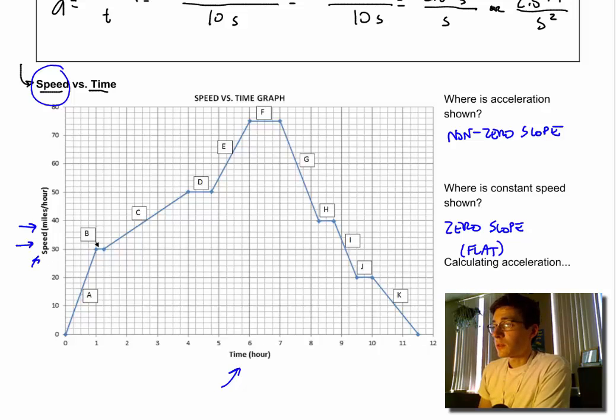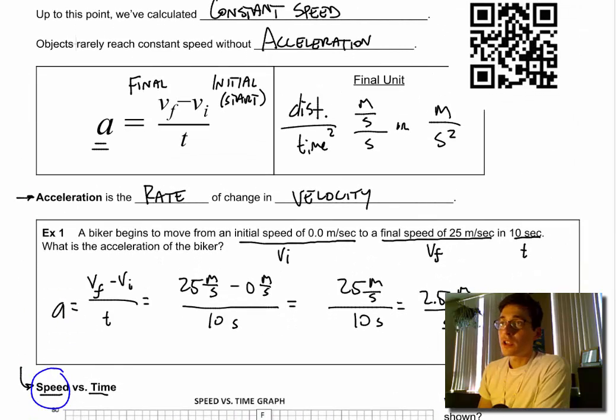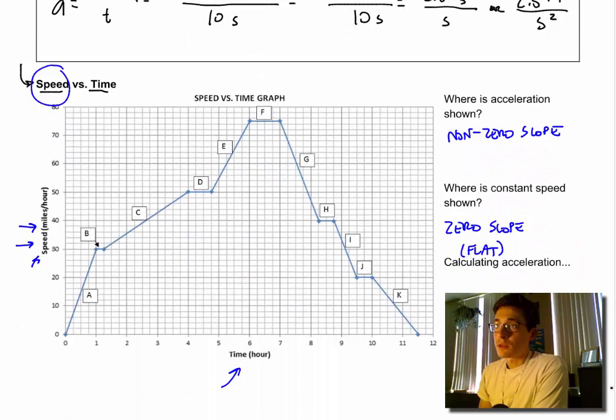We can still calculate acceleration from this. So if I go back up, look at our equation. Remember, acceleration is our change in velocity, v final minus v initial, over a period of time. We can get that information by reading one of these graphs. So let's do a simple one, starting with letter A. Our v initial is 0, our v final is 30, and our time is from 0 to 1, so this is 1 hour.